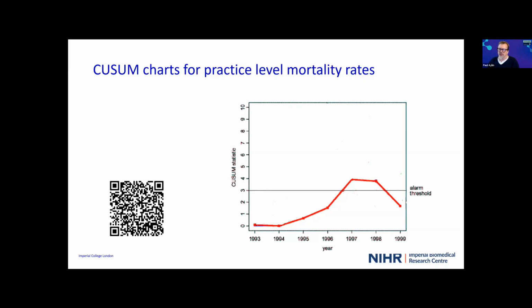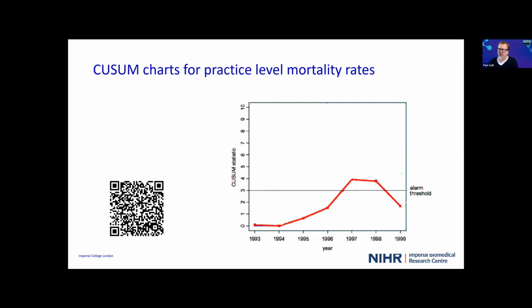So we compare the number of deaths we would expect to the actual number of deaths by practice, and use a function of this figure, which is called the Q-sum statistic, and add it to the previous year's figure. If a practice has consistently high mortality, then this chart gradually increases and will cross an alarm threshold and flag a problem.